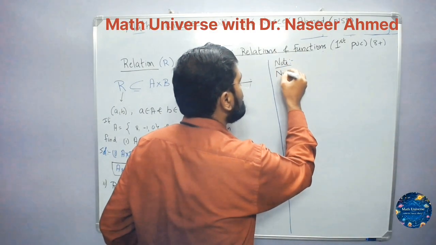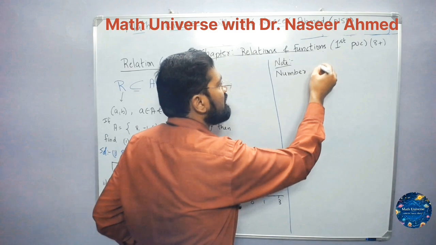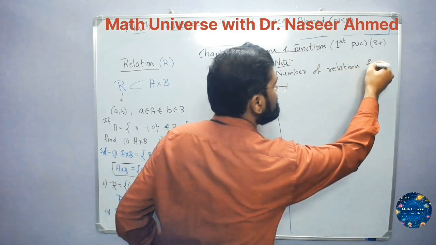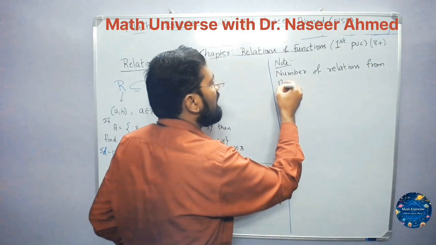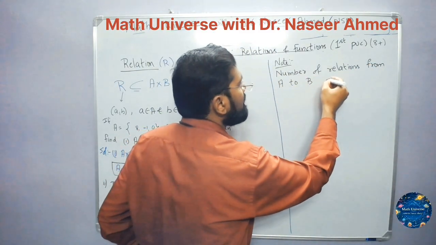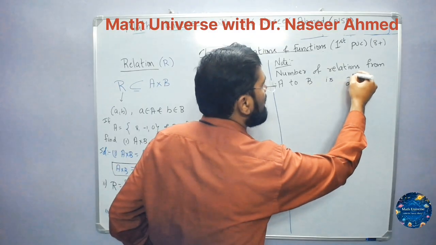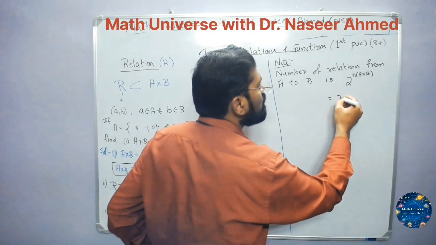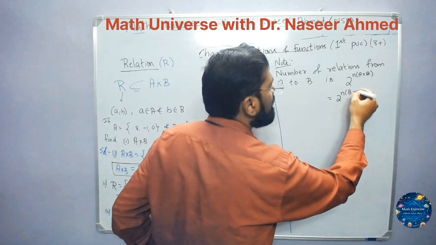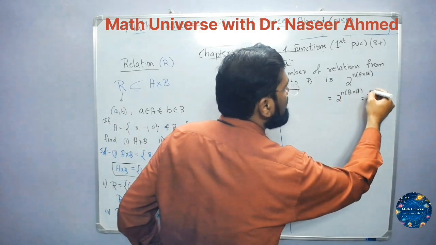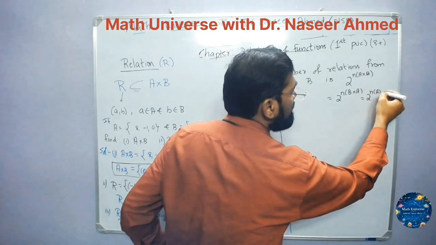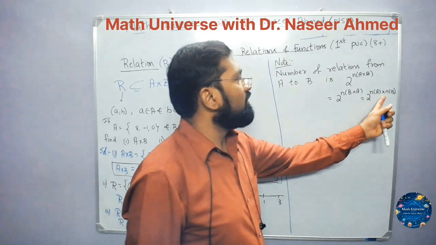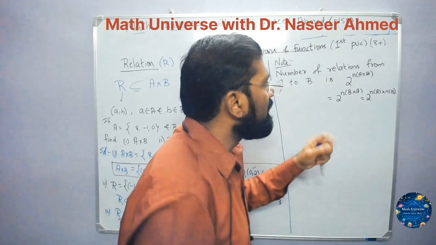Number of relations from set A to set B is given by 2 to the power of the number of elements in A cross B. This is again the same as 2 to the power of the number of elements in B cross A, which is also the same as the number of elements in A into the number of elements in B. This is the multiplication symbol, not cross. After getting the A and B element counts, you have to multiply.